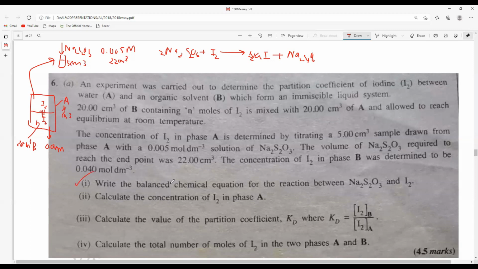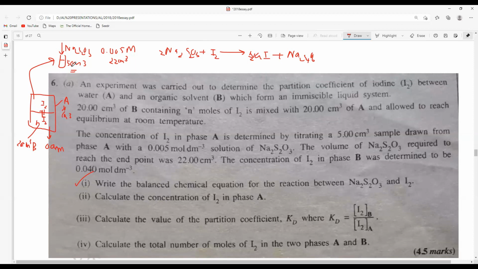Now calculate the concentration of I2 in phase A. First, find the number of moles of sodium thiosulfate here. It will be 0.005 times 22 times 10 to the power minus 3 moles. Using the stoichiometry, you can find the amount of iodine present in 5 cubic centimeter. Don't forget, it will be 0.005 times 22 times 10 to the power minus 3, divided by 2, because the stoichiometry is 2:1.